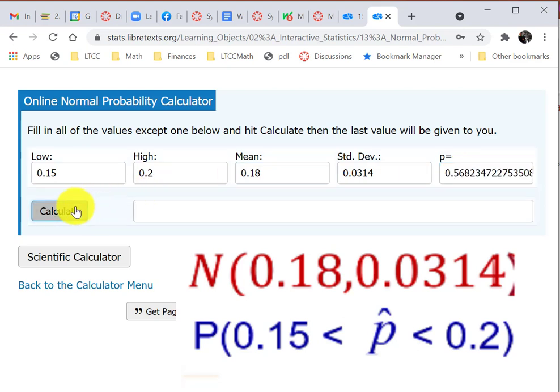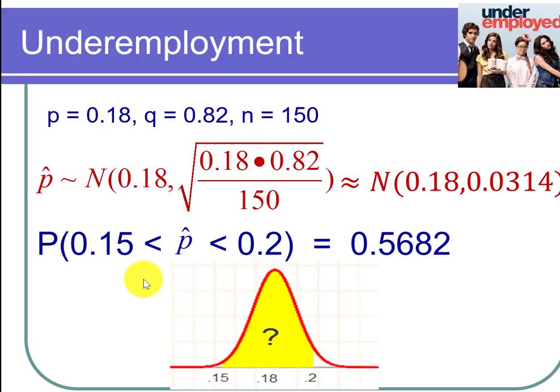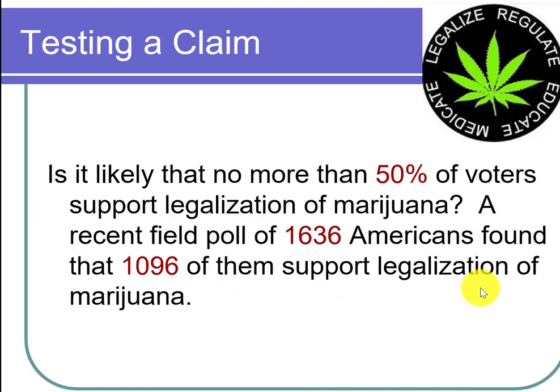And I hit calculate. It's about 0.5682 or so. Now I can go answer the question. I can say that the probability that between 15% and 20% of a sample of size 150 is underemployed, that probability is about 0.5682.